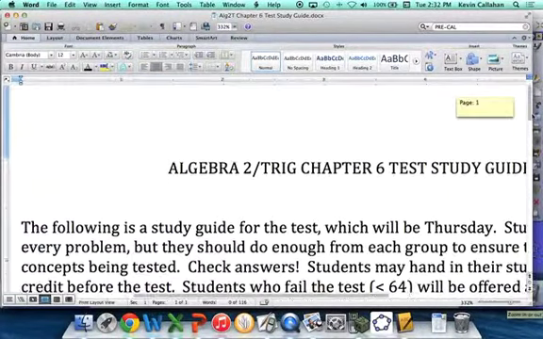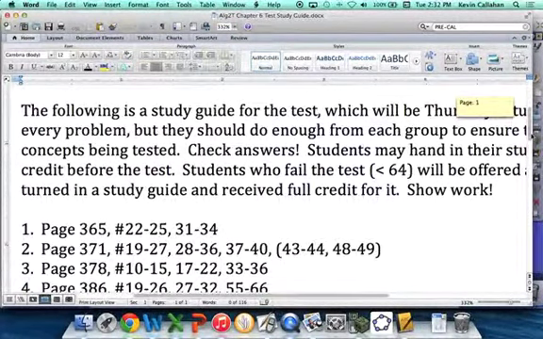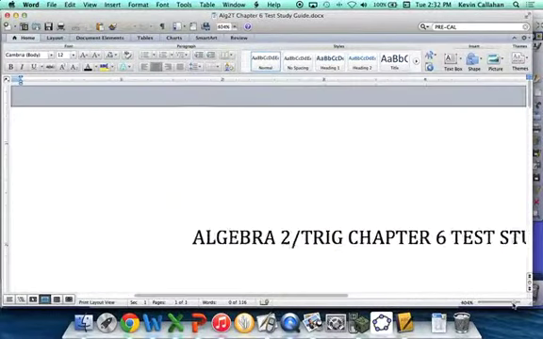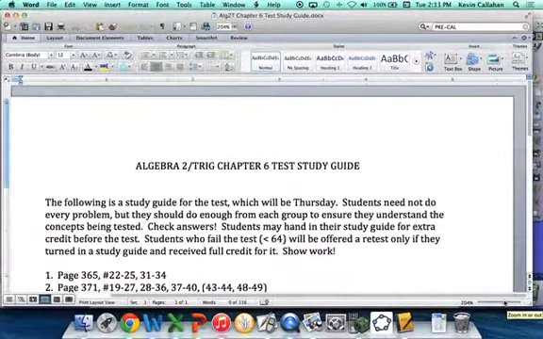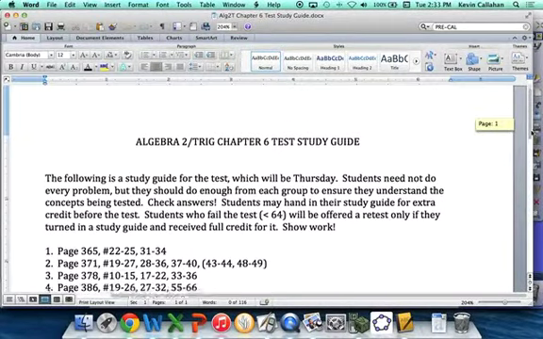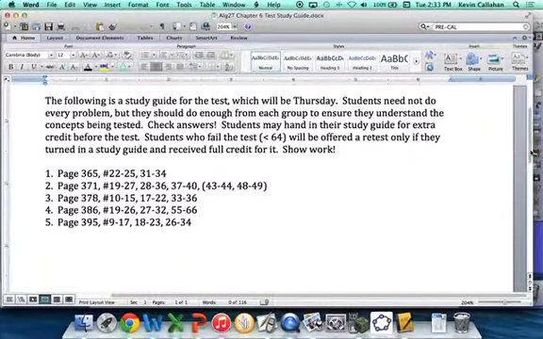Okay, this is what I've said every time that we've done this. Every time, I said, you don't need to do all the problems, but you should do enough from each group so that you understand what the concepts are that are being tested. Don't just take the first one, put something down on paper, go to the next one. That doesn't do anything, right?